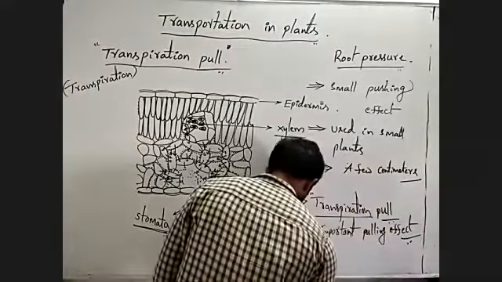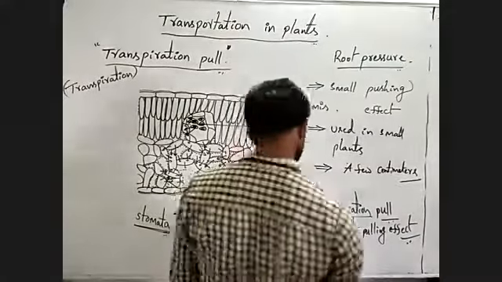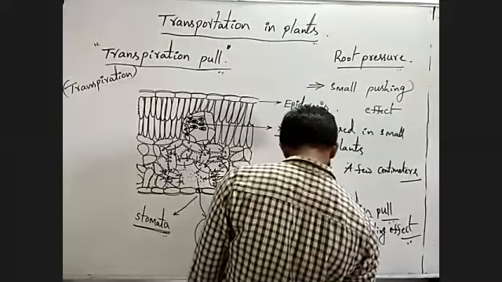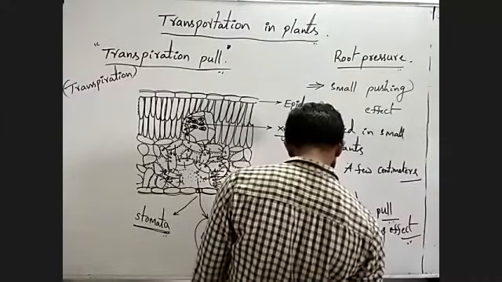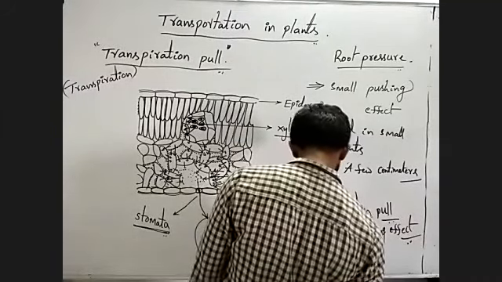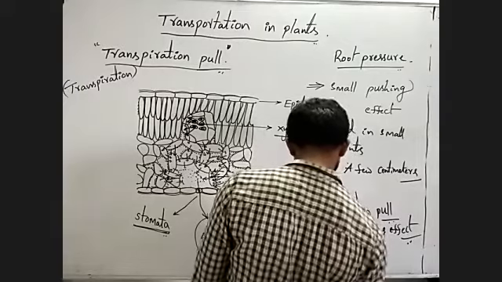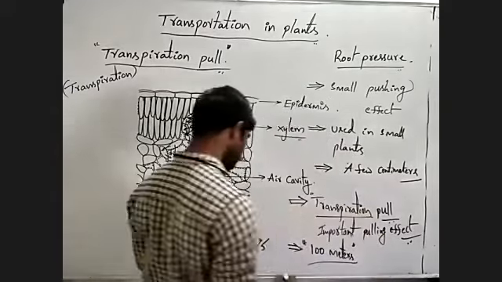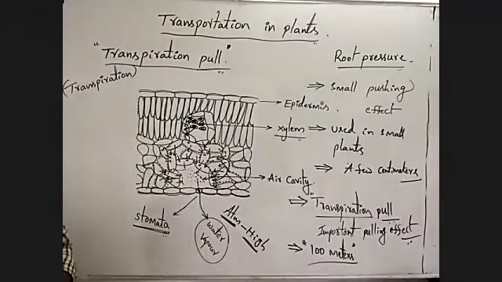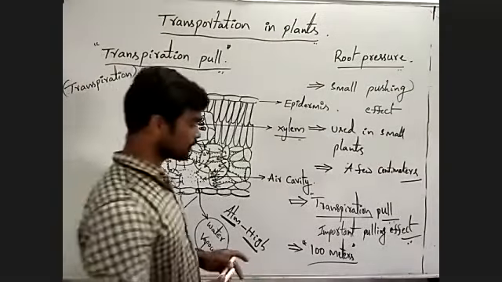It can pull the water up to 100 meters. In eucalyptus plants and other plants, it is very, very important.